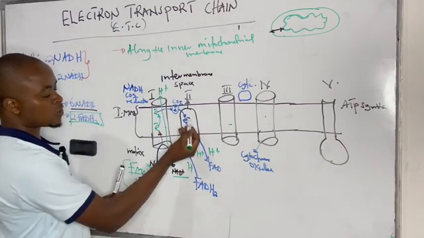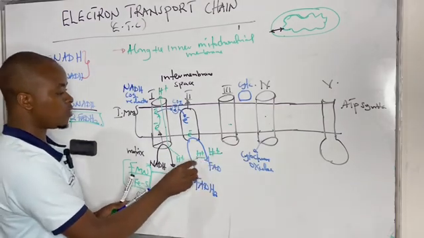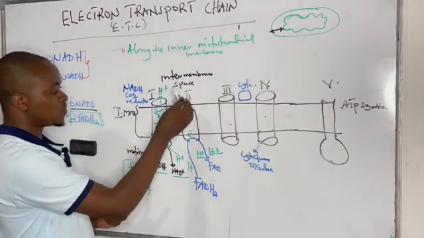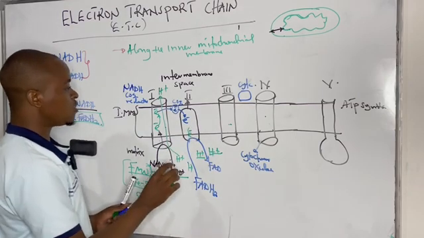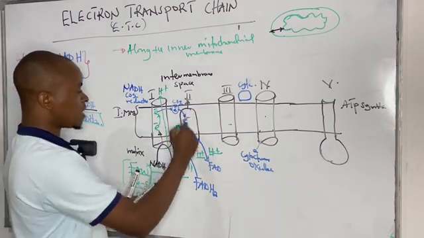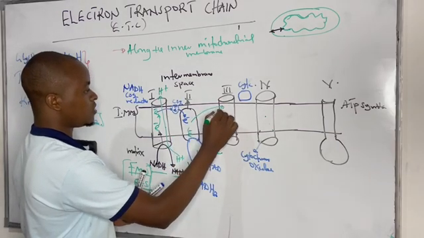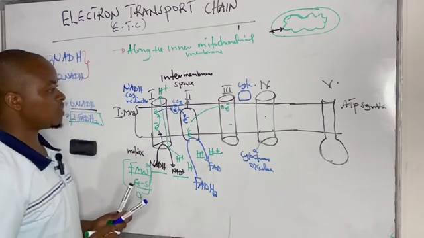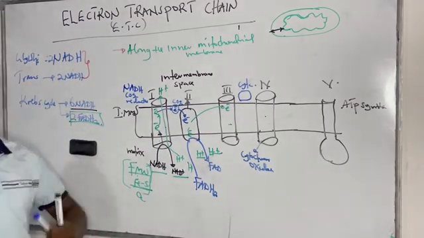But remember, complex 2 is impermeable to protons, so we don't see exit of these protons via complex 2. So these electrons continue to undergo redox reactions, and after this one becomes excited, it passes its electrons to complex 3. So we see the electrons being passed over, being transported by FMN and iron sulfur plus the cytochromes.